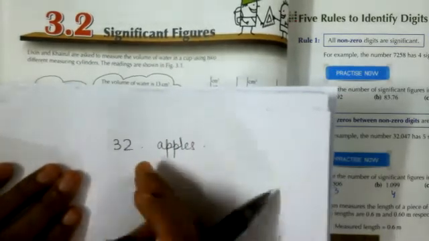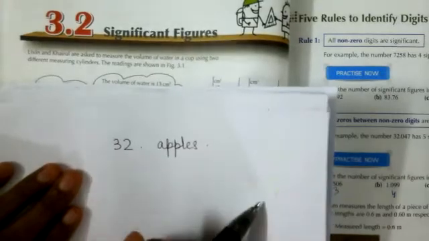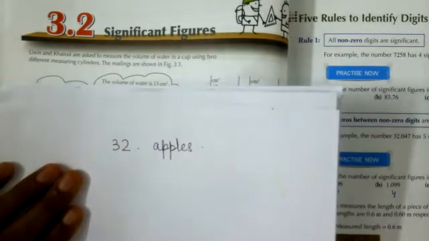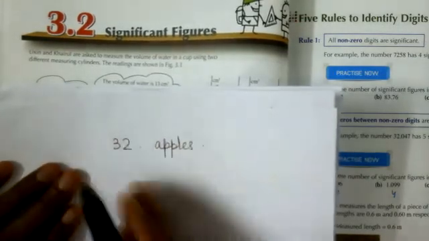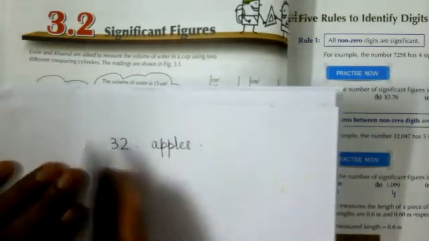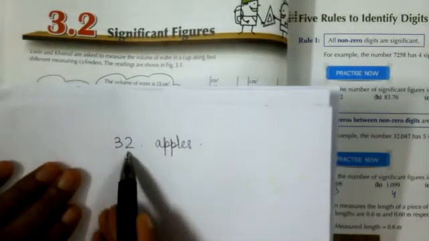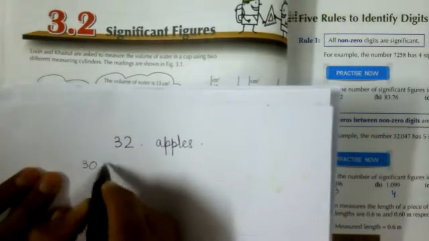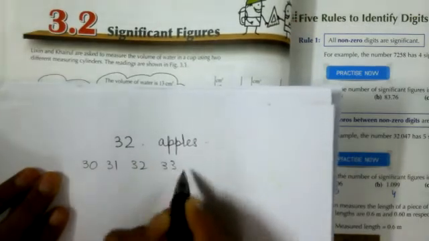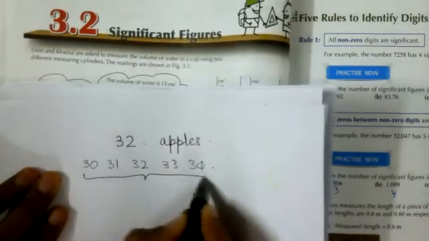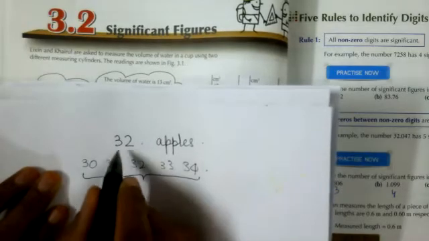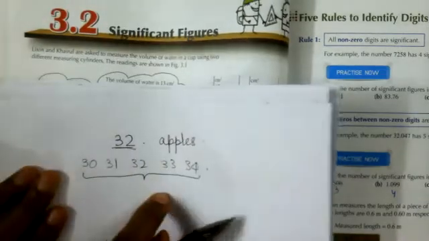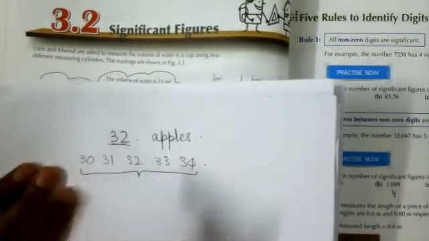If somebody asks me, are you sure you have exactly 32 apples, or could they be 35, 34, 33, and this is just an approximation? You think they are about 32. They can be 30, 31, 32, 33, 34, any of these numbers. Or do you exactly know that they are 32? They are not 33, not 34, not 31, not 30, but 32.